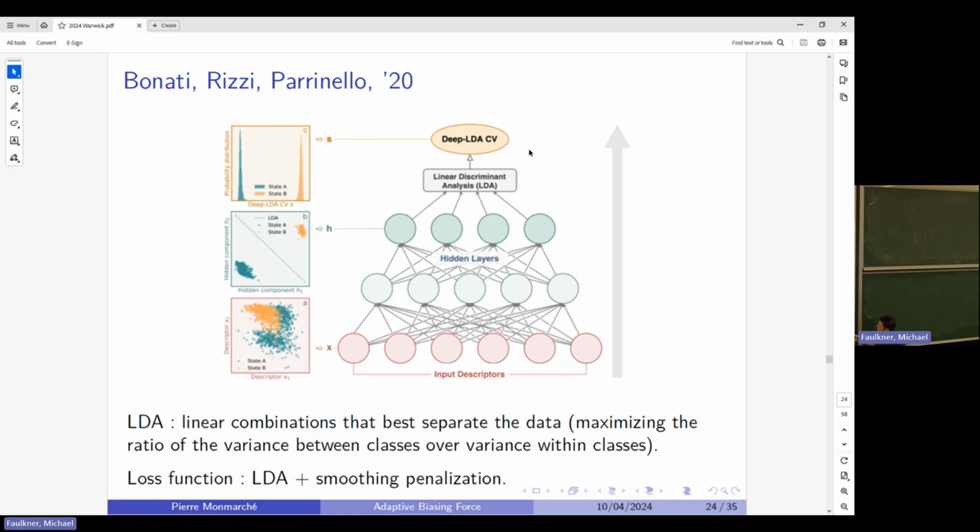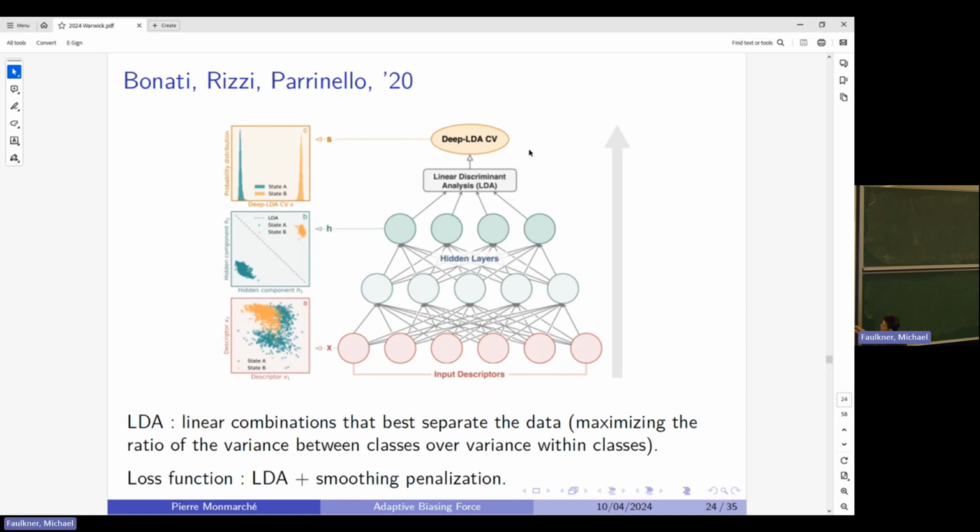So again, you start with Cartesian coordinates, where things are not separated. You do a nonlinear transformation where you want them to be separated, and then you do this linear discriminant analysis, which is going to find this.